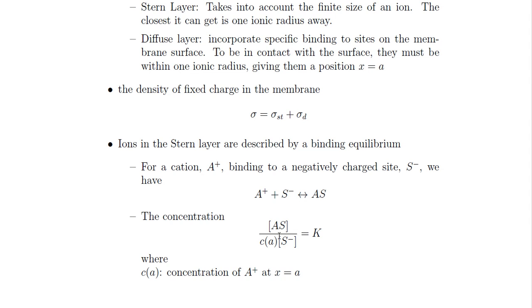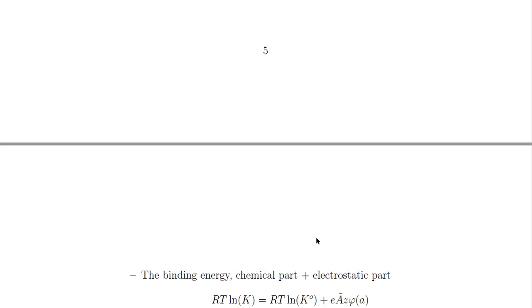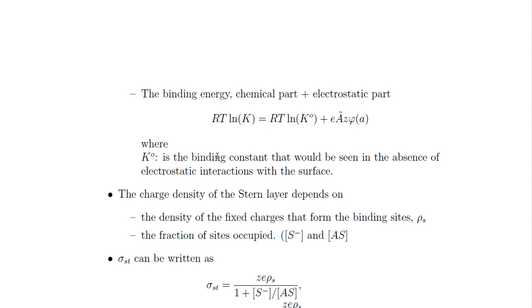Okay, so the concentration is equal to this equation, where the concentration is of A+ at x equal to a. The binding energy has a chemical part and an electrostatic part: ε_K equal to ε_K0 plus eψ(a) times z. So K0 is the binding constant that would be seen in the absence of electrostatic interaction with the surface.